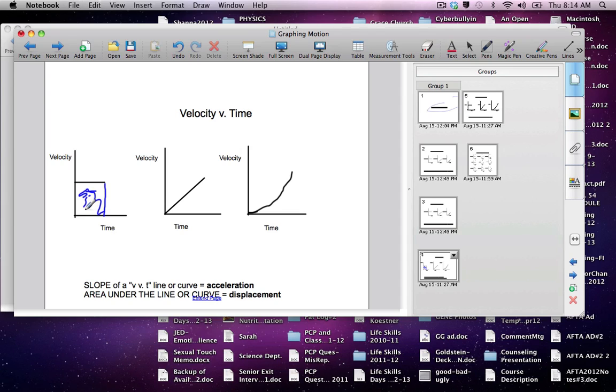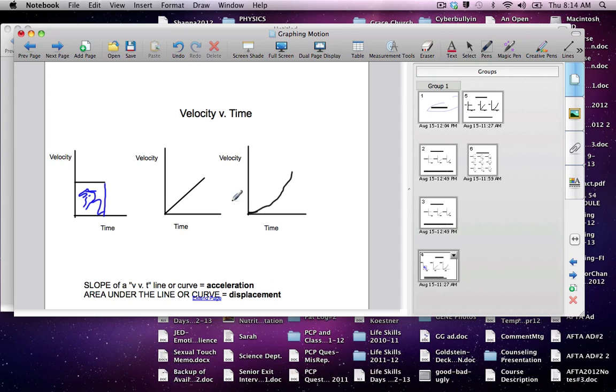And so you find the area of a rectangle using base times height, y times x, velocity times time. And when you multiply velocity times time, you get displacement. So if this were the 3-second mark, and this were the 10 meters per second mark, 10 times 3 is 30. After 3 seconds, this thing would have moved 30 meters.